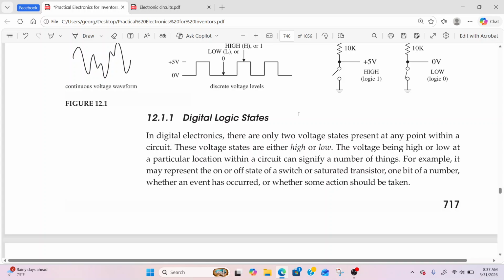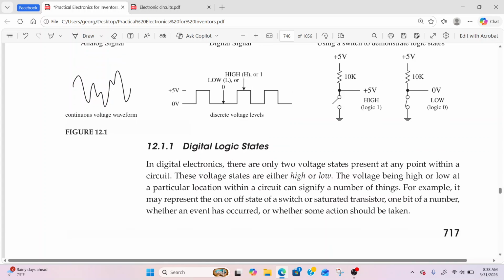The voltage being high or low at a particular location within a circuit can signify a number of things. For example, it might represent the on or off state of a switch or a saturated transistor, one bit of a number, whether an event has occurred, or whether some action should be taken.